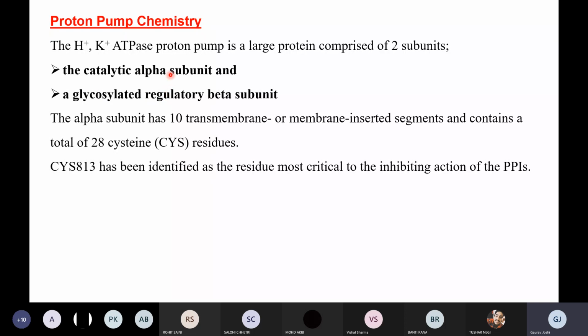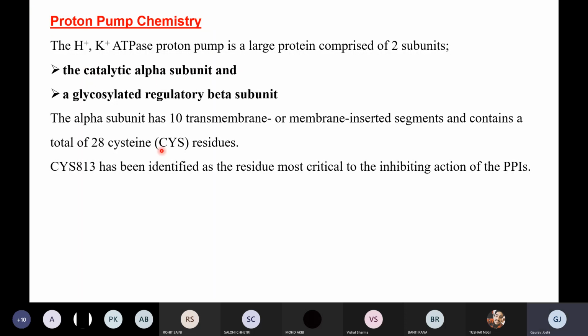So two protein domains are there, the alpha subunit and the beta subunit, right? All the proton pump inhibitors will bind to this alpha subunit. This is the catalytic alpha unit because it is actually catalyzing the reaction, meaning it is exchanging the hydrogen in lieu of the potassium, right? So this is the common thing.